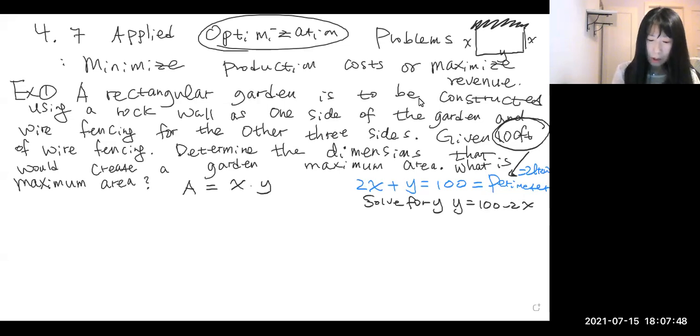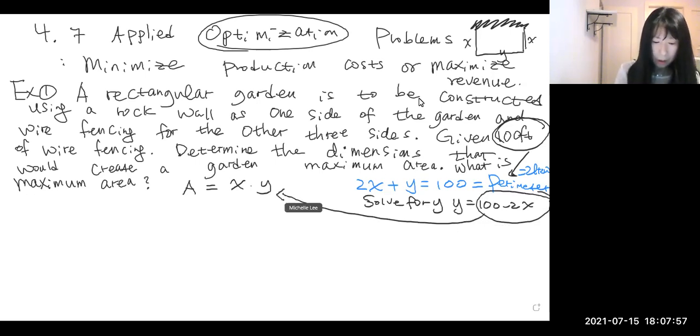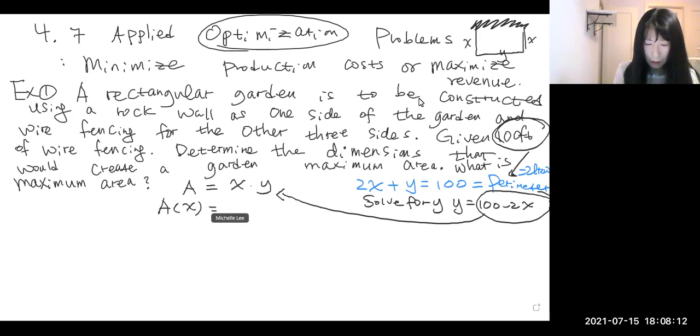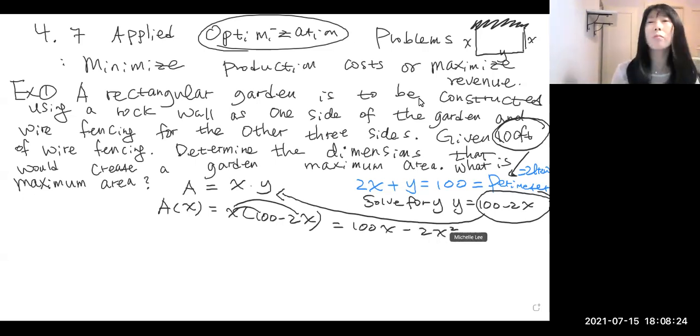Now we substitute into y, so we make this area a function of x. A of x equals x times 100 minus 2x. We distribute, we get 100x minus 2x squared. All right, so we create a function, right?